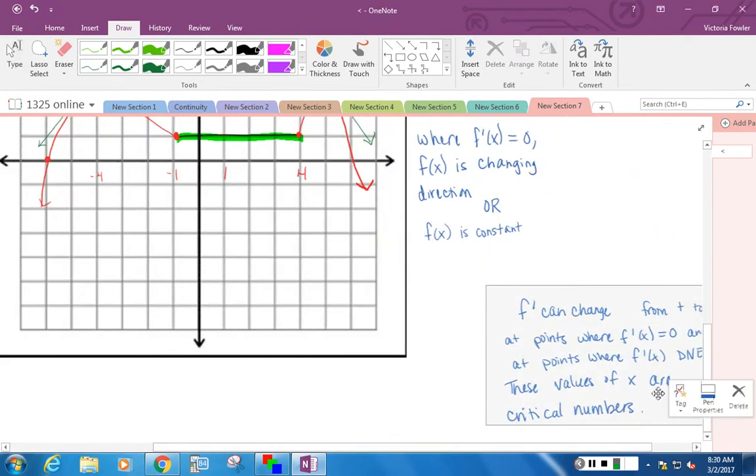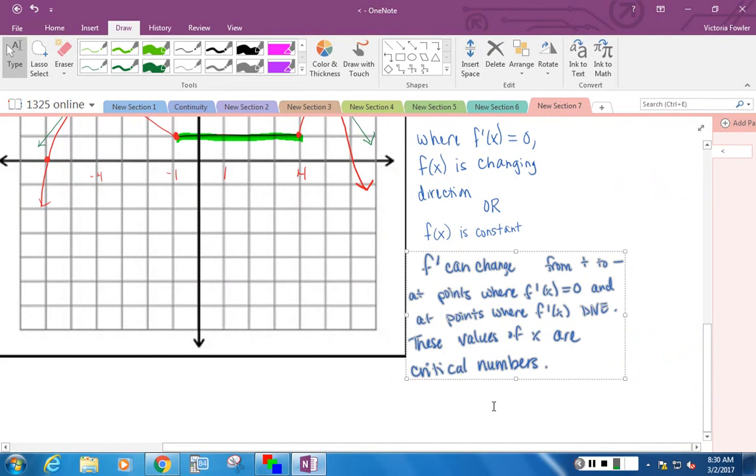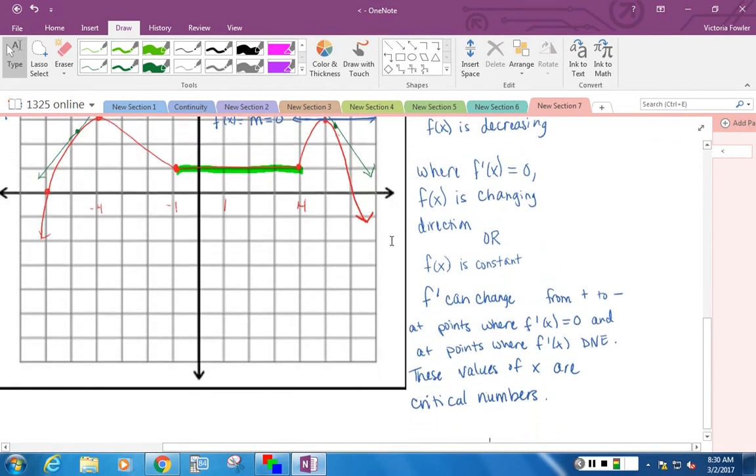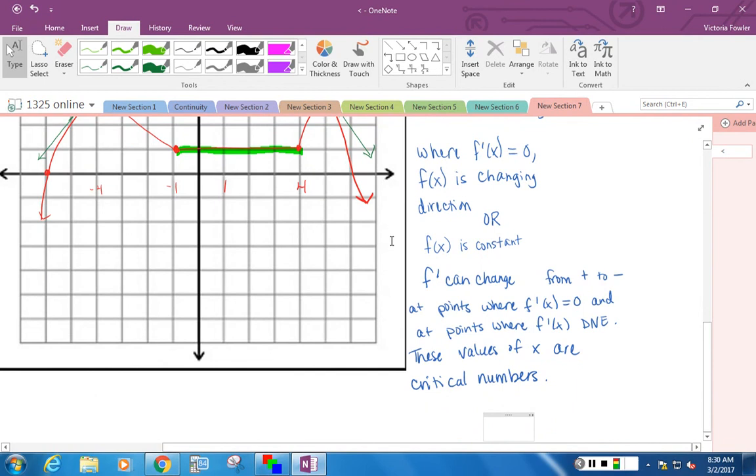So I've written a little note here, if you want to add it to yours. F prime can change from positive to negative at points where f prime of x is equal to 0, so like we saw here, and at points where the derivative does not exist. And these values of x are called critical numbers.